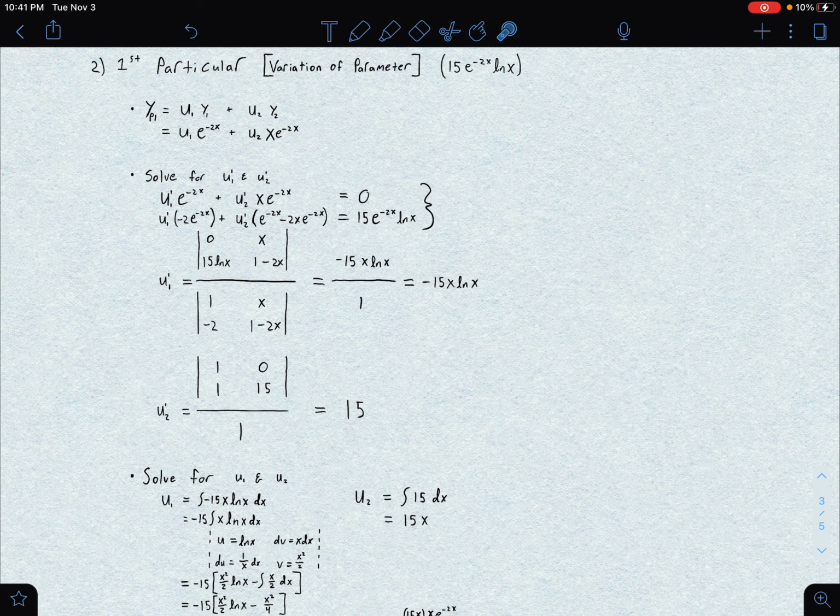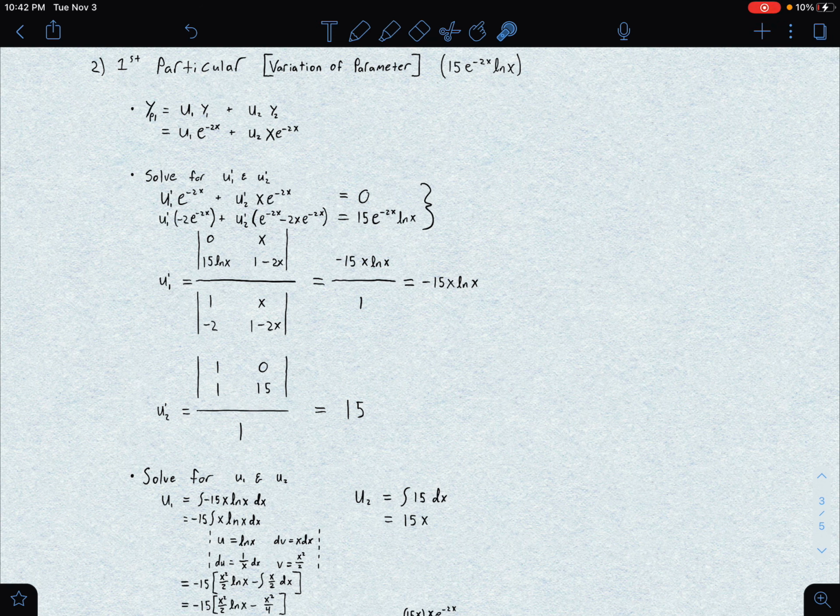Now, to solve for u1 prime, we'll use Cramer's rule, and our numerator determinant will be 0, x, 15 natural log of x, and 1, minus 2x. And I factored out an e to the negative 2x out of both of these equations, so none of these will have an e to the negative 2x in it.